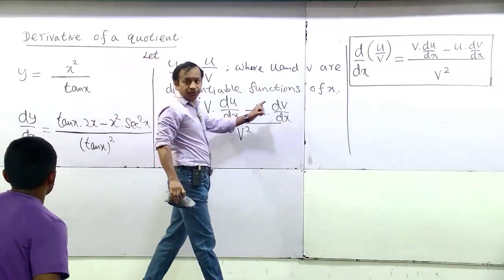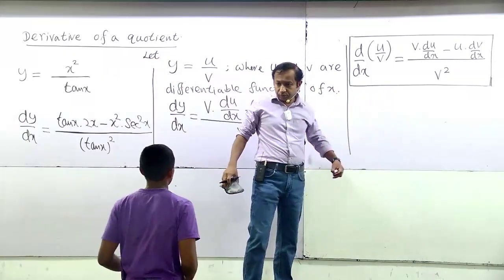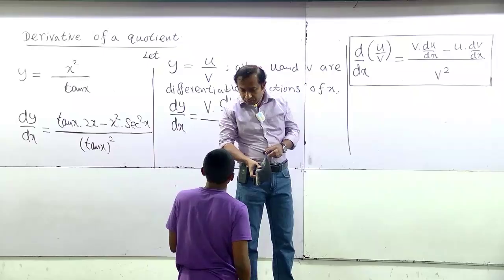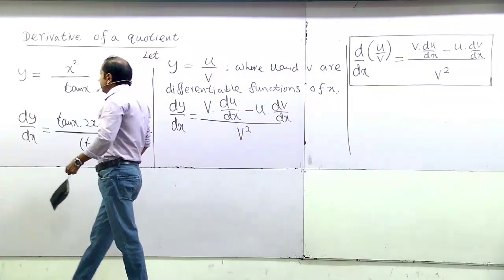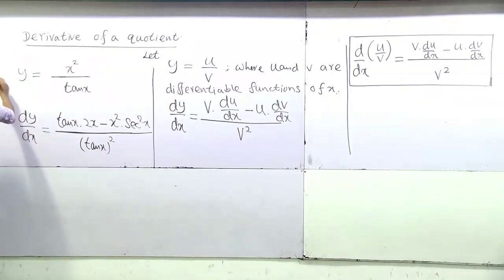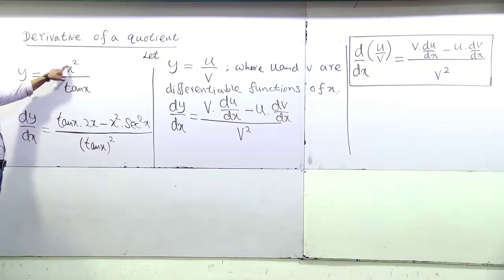After completing this, now take this question. Y equals x squared over tan x.